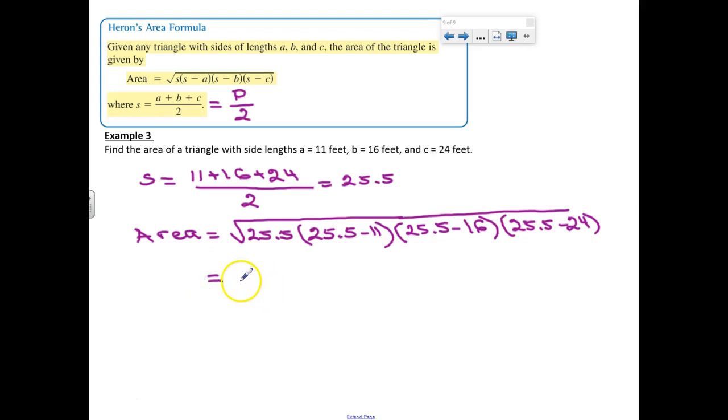But the answer that I got was 72.59, or approximately 73, let's not forget the units, feet squared. So that'll be our final answer. Thank you guys, and we're going to do more real world applications in class.